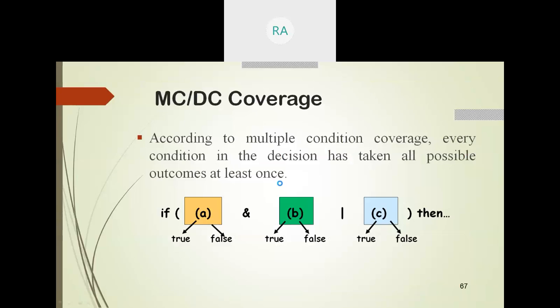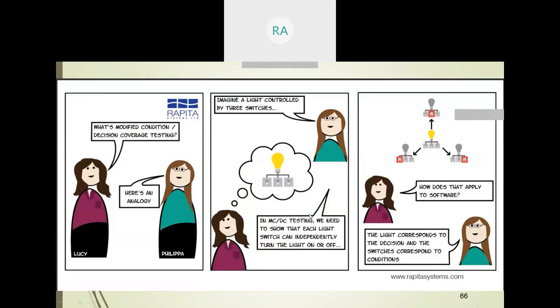The word independent is very important here. You have to show that this first switch is independently impacting the working of the light without getting associated with the other two switches. That's how you are testing if you go for the MCDC technique.